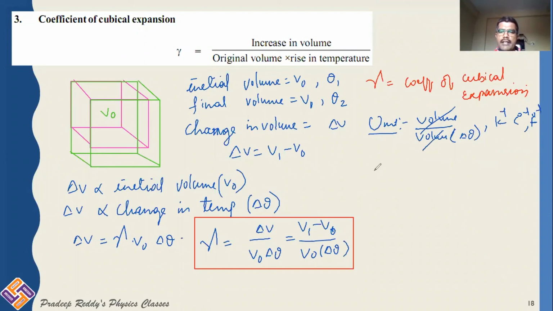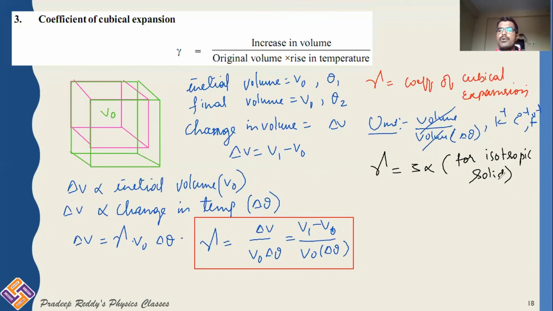And we can write gamma is equal to 3 times alpha for an isotropic solid. Isotropic solid means the properties of that solid throughout the material are uniform. The characteristics along length, breadth and height are uniform for such a material.